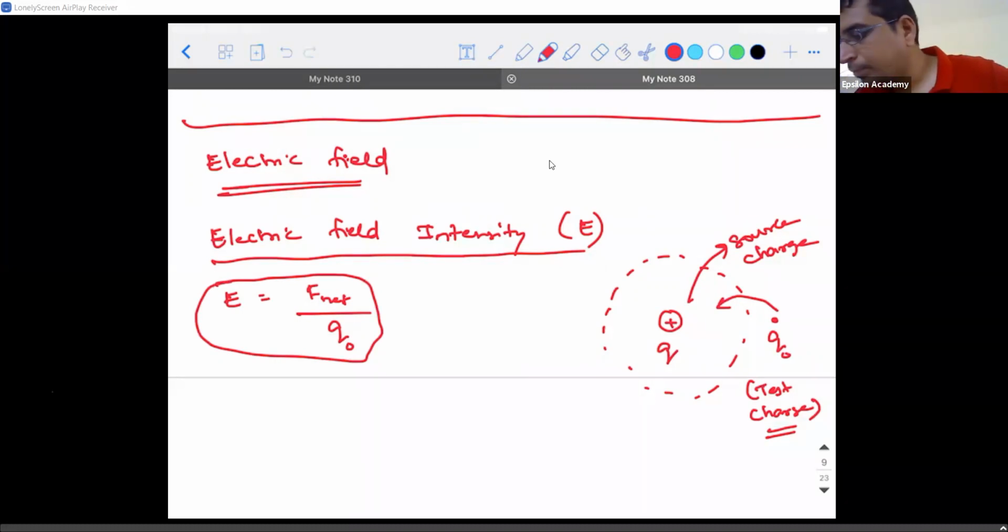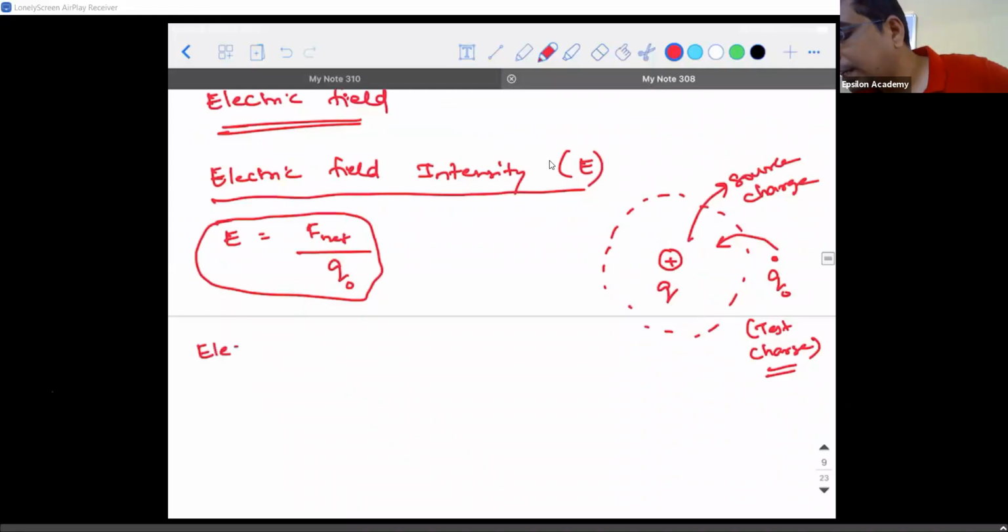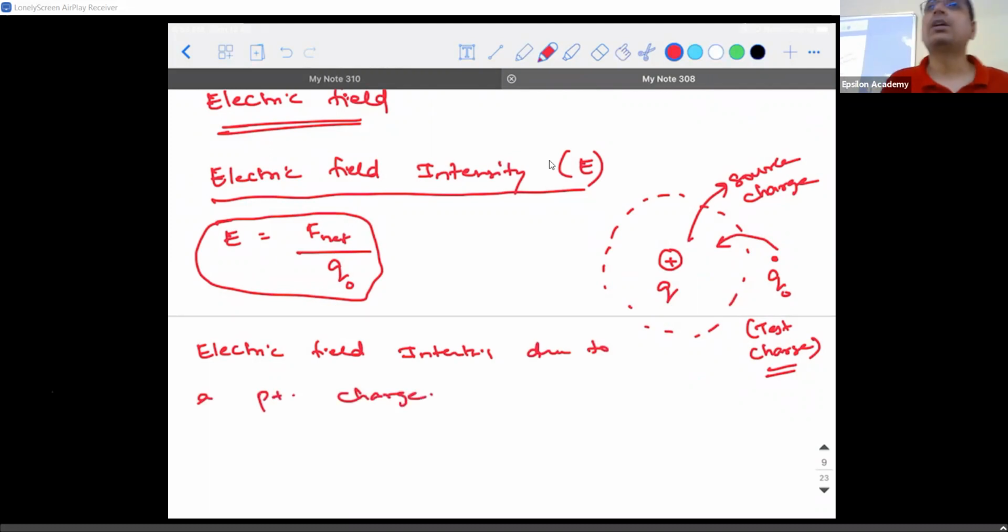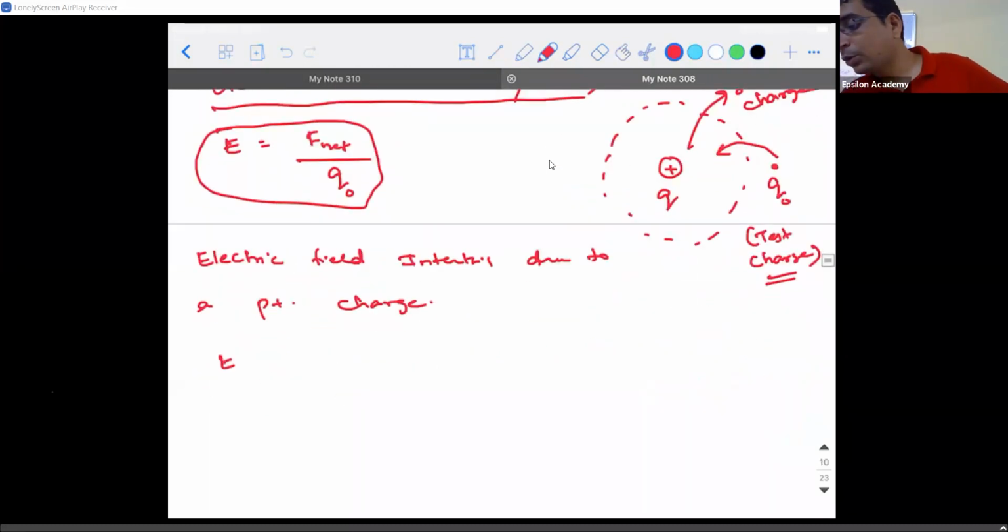Last concept. If I have to find the electric field intensity due to a point charge, then what is it going to be? E will be equal to, in the place of F, I will write 1 by 4 pi epsilon naught into Q Q naught divided by whatever is the distance of separation between them at that instant.